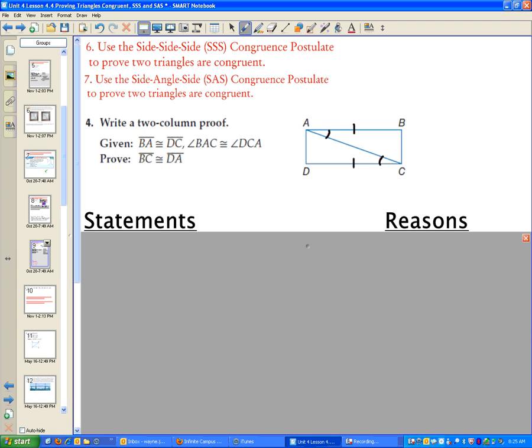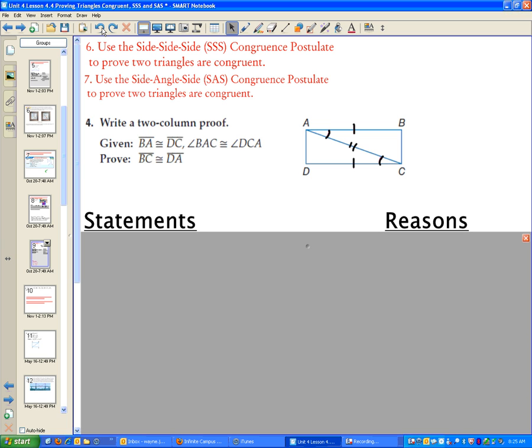Because we know with the reflexive property that segment AC is congruent to itself. So we'll be able to do this, right? We'll be able to go side, angle, side from one triangle congruent to side, angle, side from the other triangle, and we'll get the congruent triangles. So just for a moment, let's pretend that that's our goal, is to prove those two triangles are congruent.